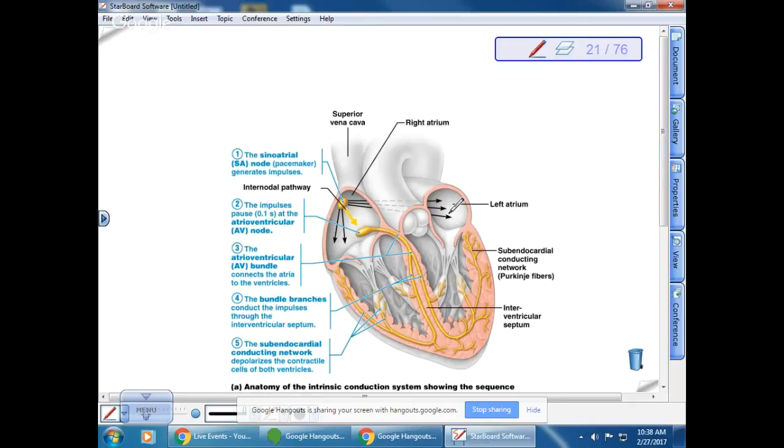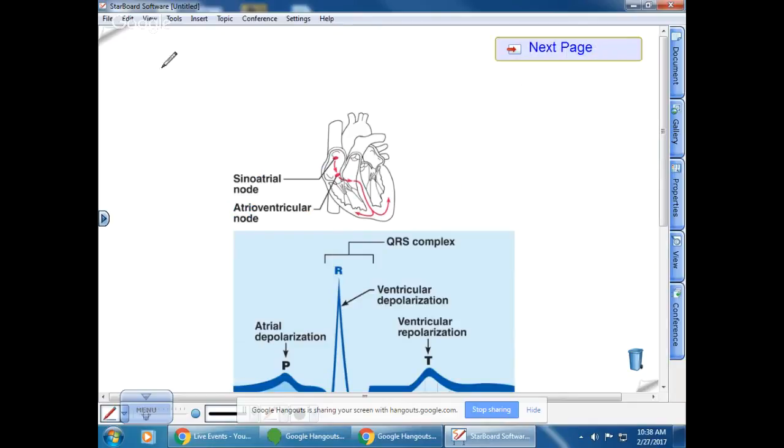Okay. So this whole conduction of this electrical signal through the heart can be measured using an electrocardiogram, right? This is also abbreviated as ECG.